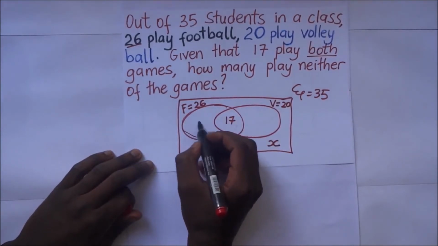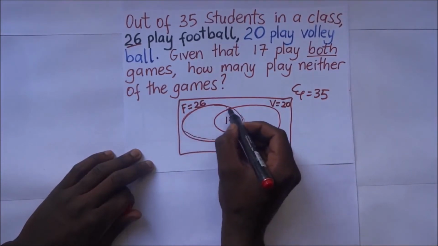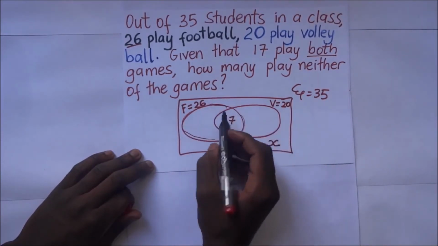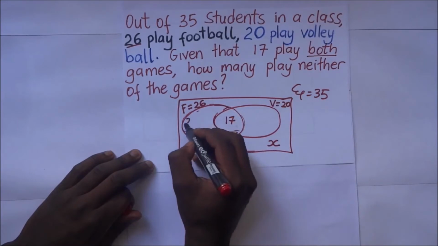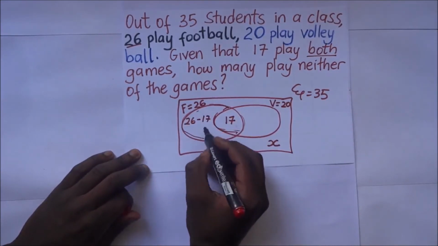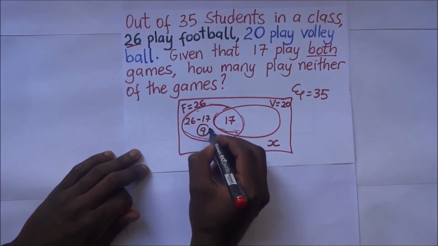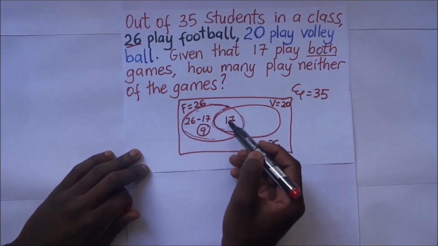To get how many are here, remember this 26 covers everything in this circle. So to get what is covering only this portion of the circle, it is going to be 26 minus 17, and 26 minus 17, we get 9. So it is only 9 people here that play football only without playing volleyball.